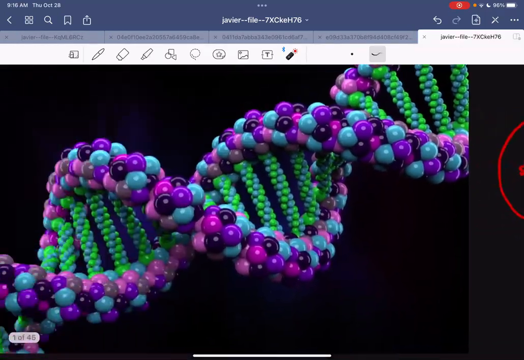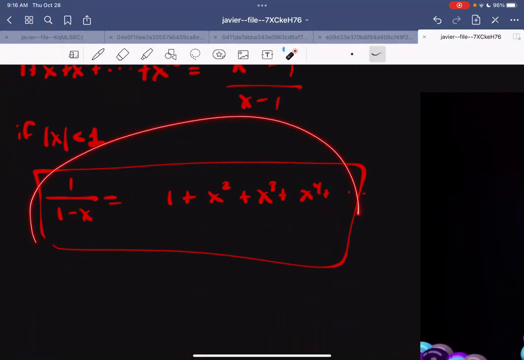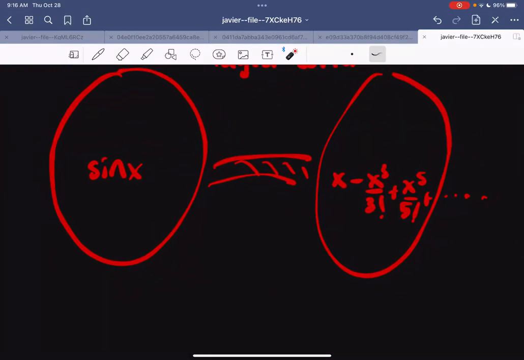But this idea can only get you so far. It's a cute little trick, and we can do variations to get a whole bunch of expansions, but maybe not all of them. There's no way to turn that trick into sine, or at least not an immediate way to do it. Maybe there is, but it's not very common to do that.